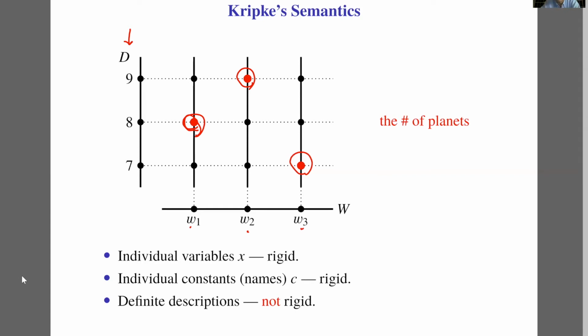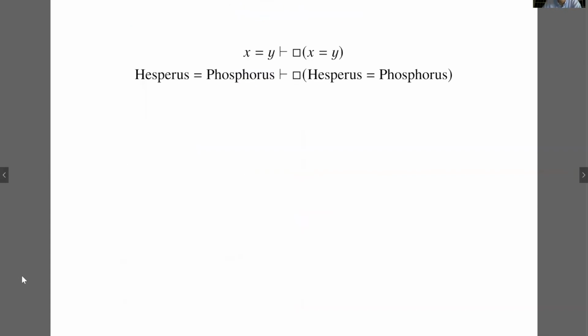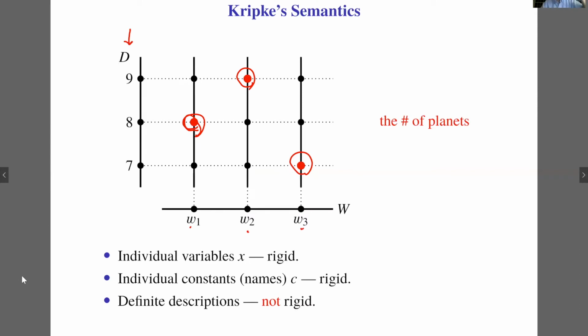That's how you talk about things like whether the number of planets is necessarily bigger than 7 or not. There are two ways to read it, de re and de dicto. Without going into too much detail, what we want to observe is that reference is not very uniform here.